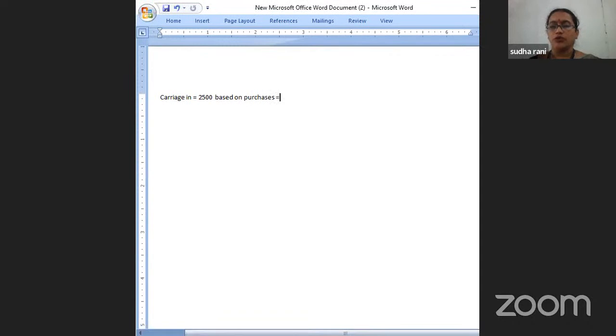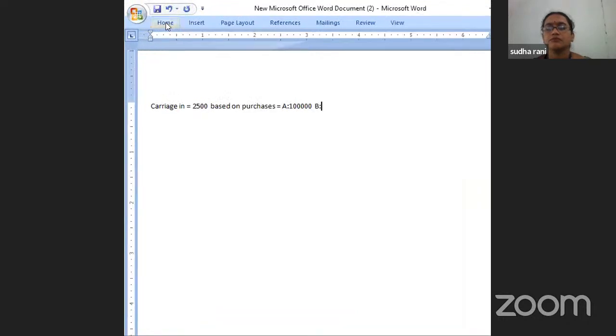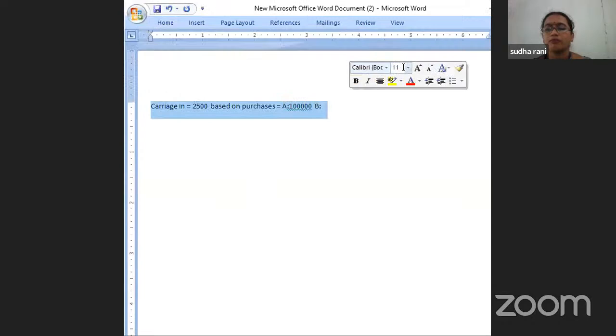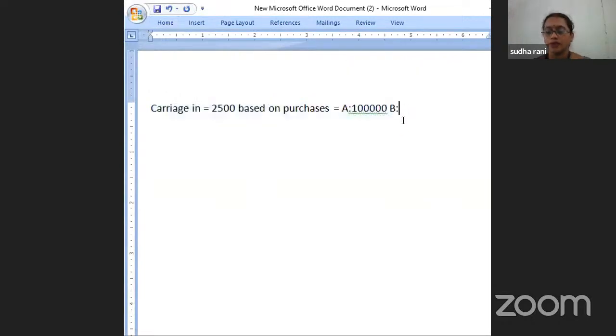What is the department A purchases amount? 1 lakh. And department B purchases amount is 1,50,000.